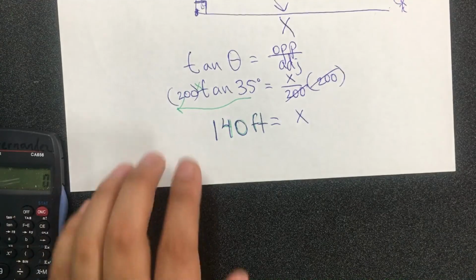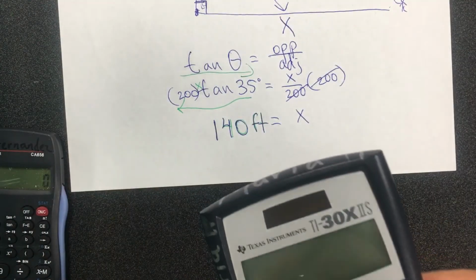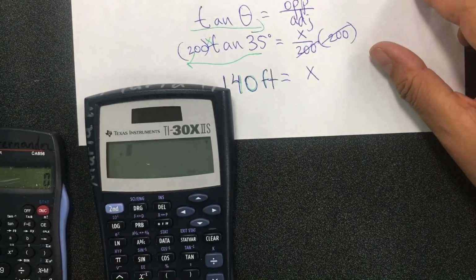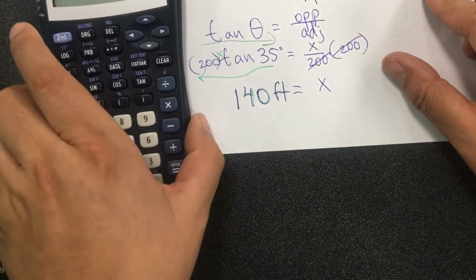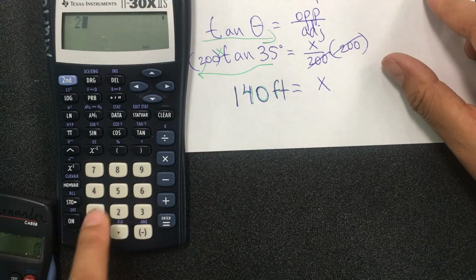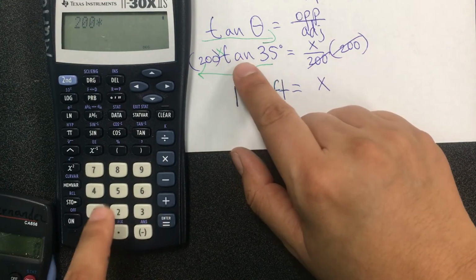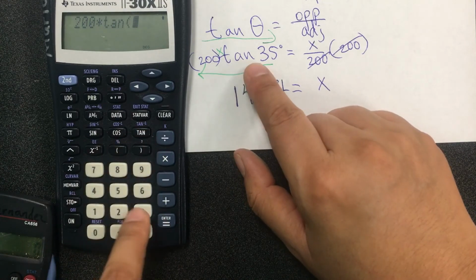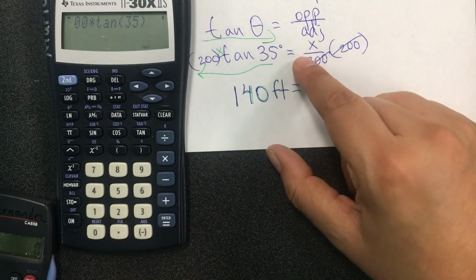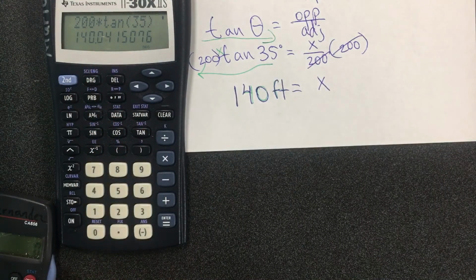With the other calculator, again, you just go in the direction in which we read. So it would be 200 times tangent 35, close the parentheses and press equal. See, 140.04.